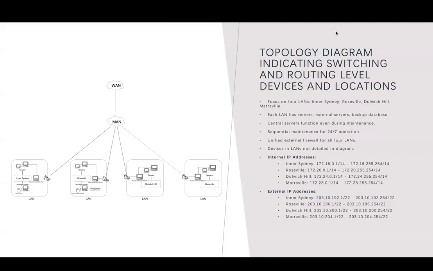As we can see, the internal IP addresses are more than the external IP addresses. So we encourage the users to use more internal IP addresses in the network rather than external IP addresses. The external ones are only for emergency use. Thank you. And we will introduce the next part.